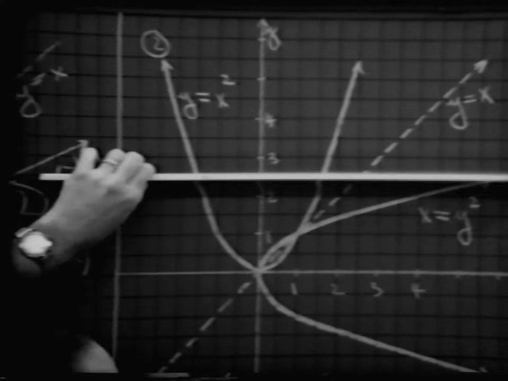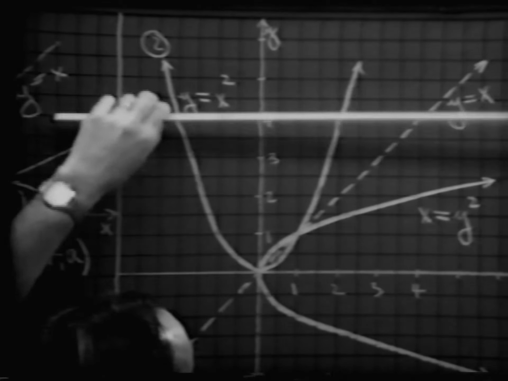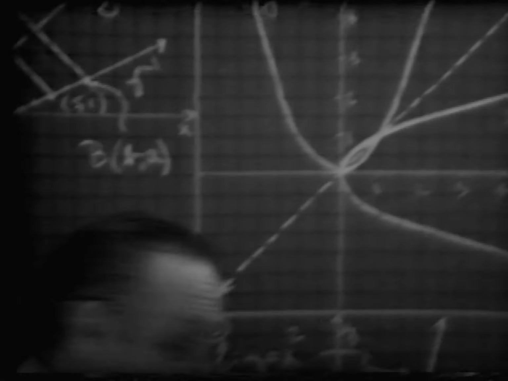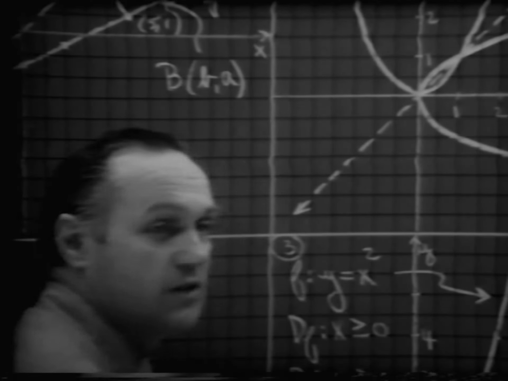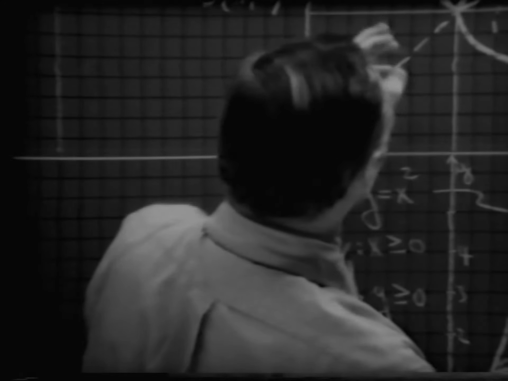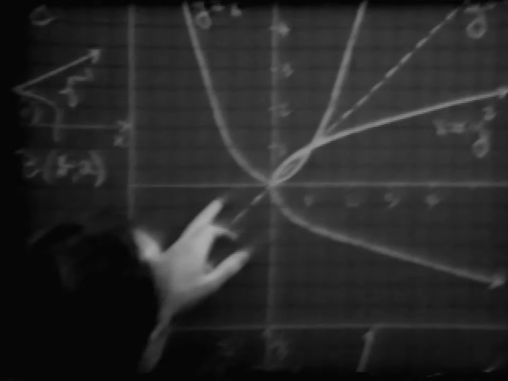Wherever it intersects the graph, does it intersect it at exactly one point? I think you will agree that in this case, it will intersect it at 2 points. And so that tells you that the function is many to 1, and therefore it has no inverse.